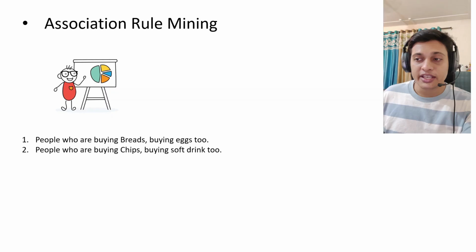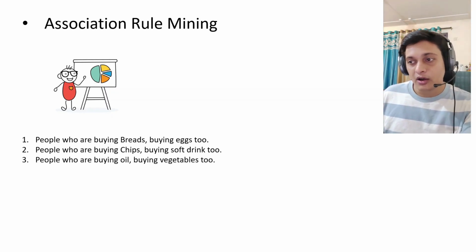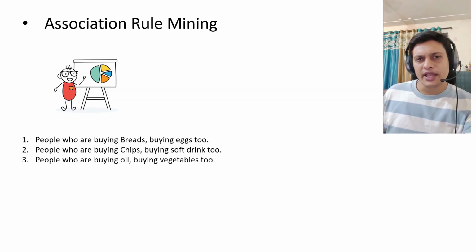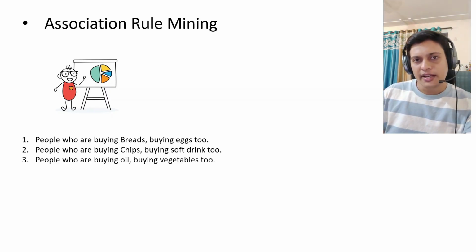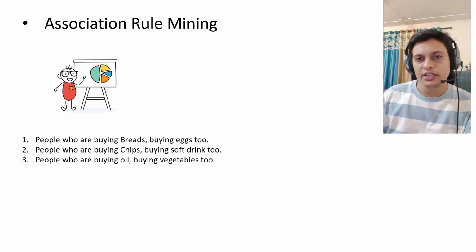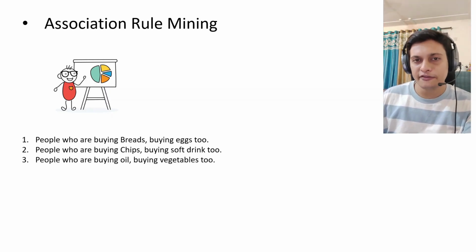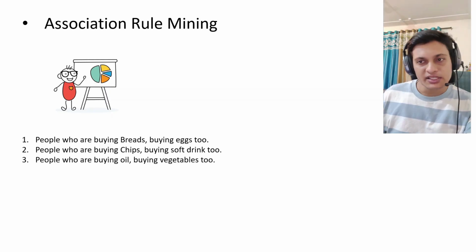Or the people who are buying chips, they are buying soft drink too. Or people who are buying oil, they are buying vegetables too. So our Max was able to segregate the food items which are reoccurring inside the bills. Max was able to create a connection between the food from the bills.